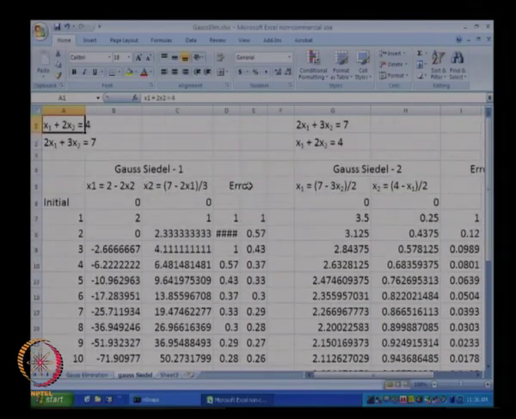Okay. So, to recap what we have done so far, we took two equations in two unknowns, we wrote them down in this particular form as well as in this form. The difference over here is that the equation 1 in this case is taken as equation number 2 in this case, and equation 2 in the first case is taken as equation number 1 in this particular case.